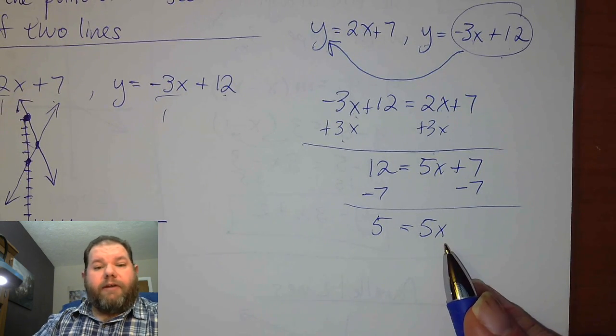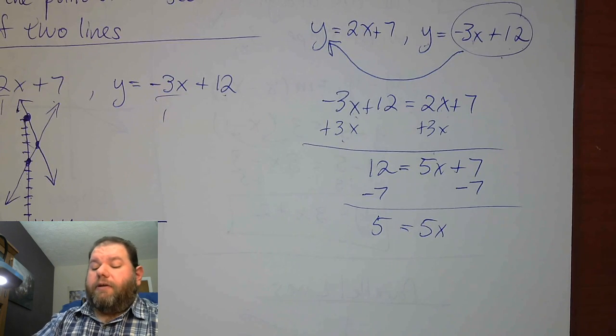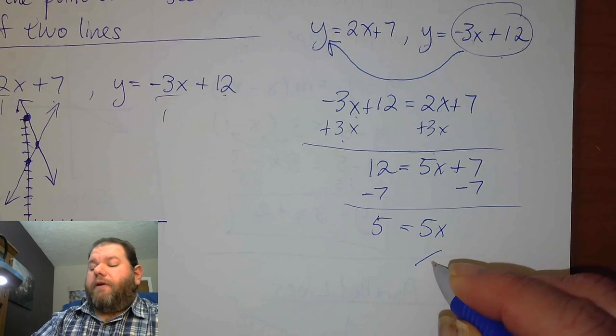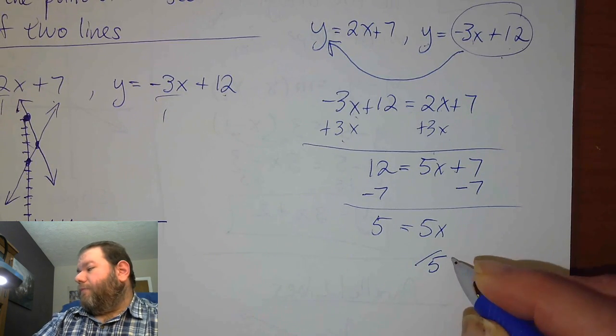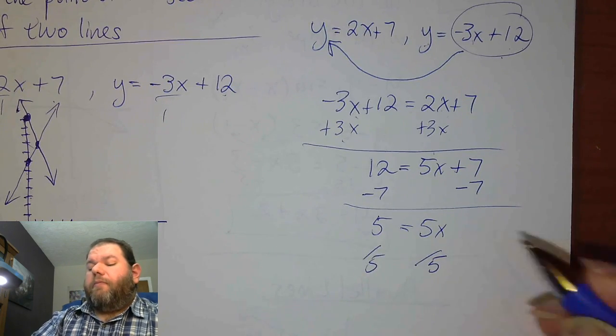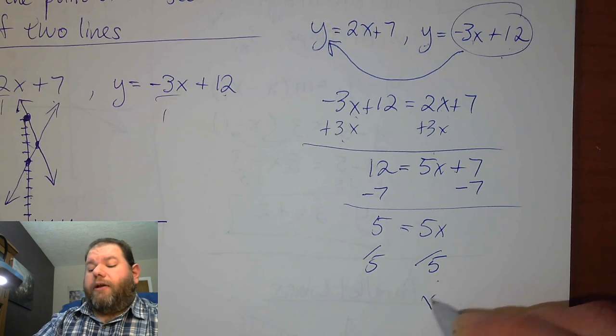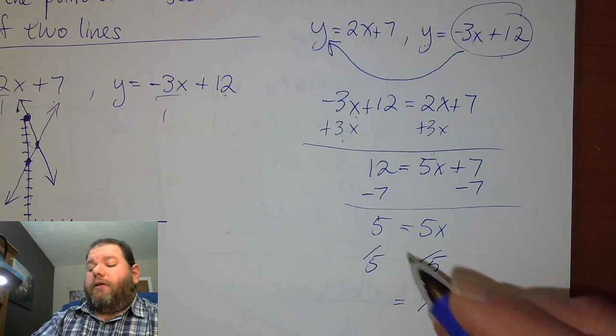You have 5 times x, but we would just want regular x. Divide, yeah. We can divide by 5 on both sides. And so 5 divided by 5 is 1, so we just have 1x, or x, equals 1.